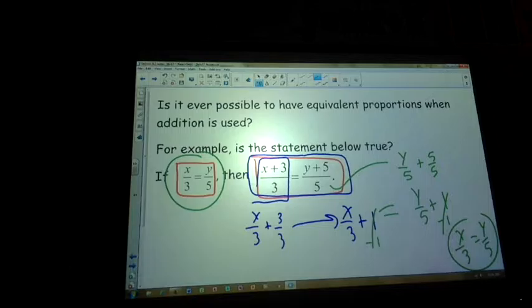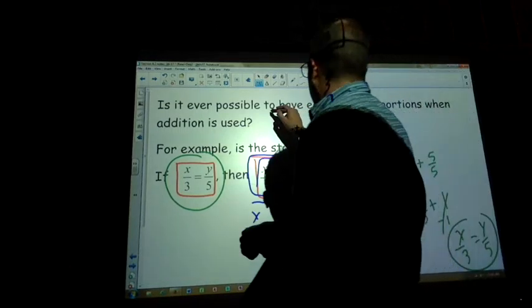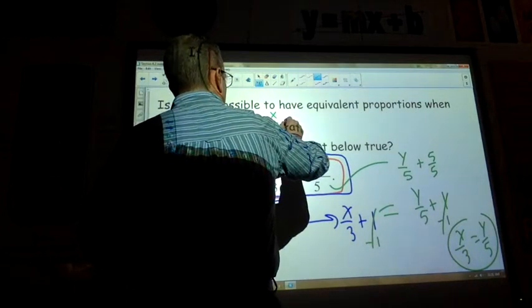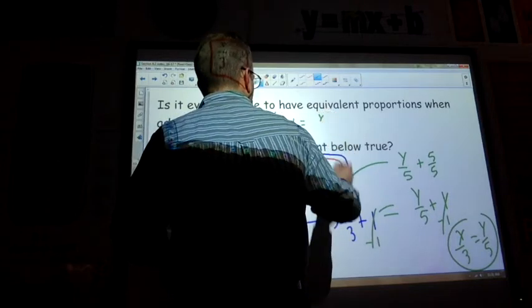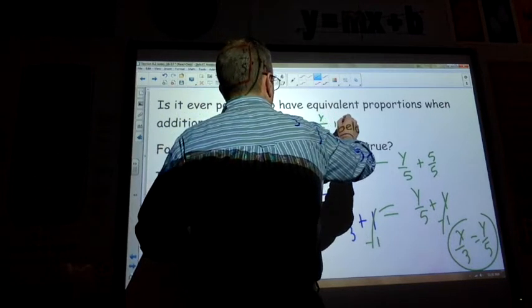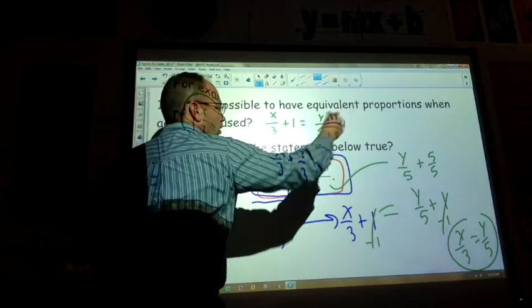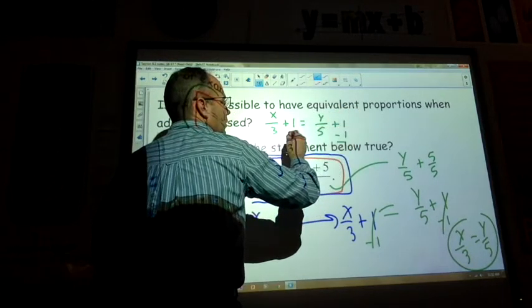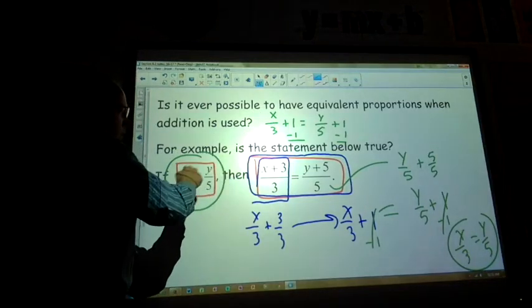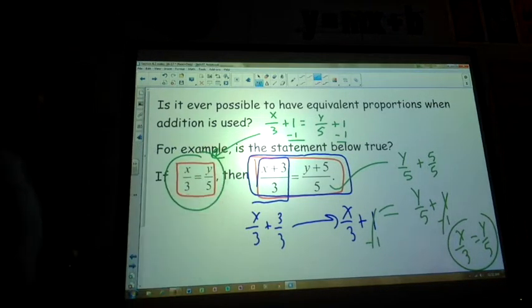The cleaned up version of this would be, because that would have been 3 over 3, that would have been 5 over 5. If you subtract the 1s from both sides, then you get this. And that's a little weird thing about it.